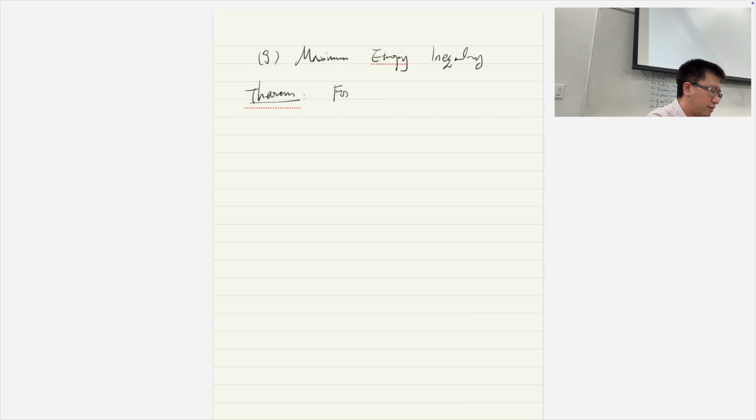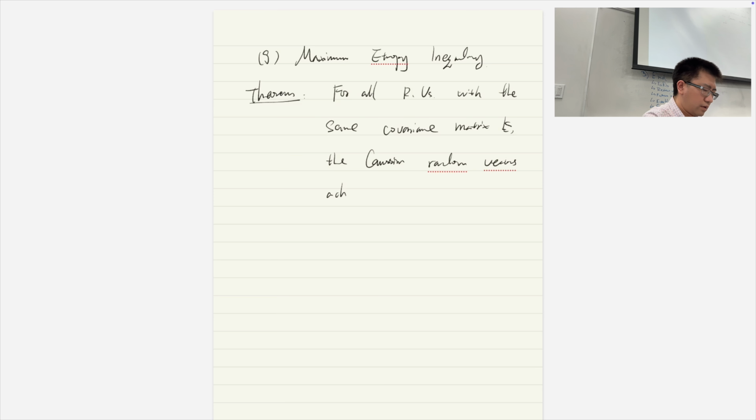Okay, let's write it down. For all random variables with the same covariance matrix K, the Gaussian random vector achieves the highest differential entropy.